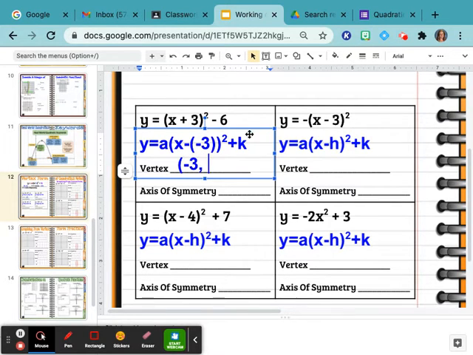And then the k value, because it's supposed to be plus, would be negative 6. So I just replaced my formula with the values that would make it the exact same equation, so I would know which one's positive and which one's negative. And then the axis of symmetry is x equals whatever that h value is. So it is negative 3.